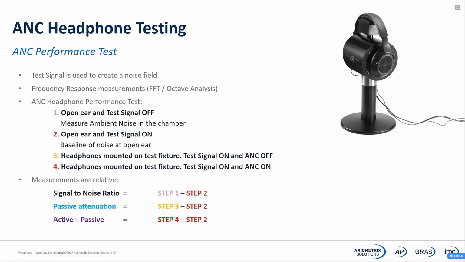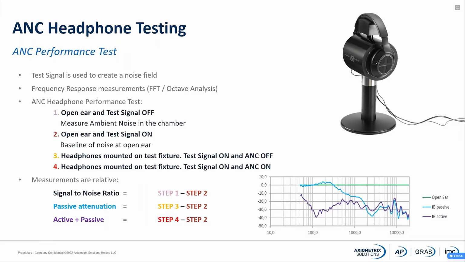So we are basically going through steps to get these results. First of all, the signal to noise ratio, which is step 1 minus step 2, the passive attenuation, which is step 3 minus step 2, and then the active plus passive attenuation, which is step 4 minus step 2. And these are the curves which were seen before during this presentation. We are going to do something like this during the video demonstration.